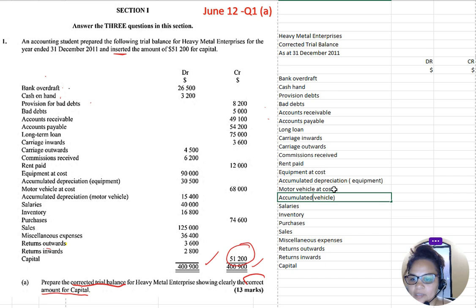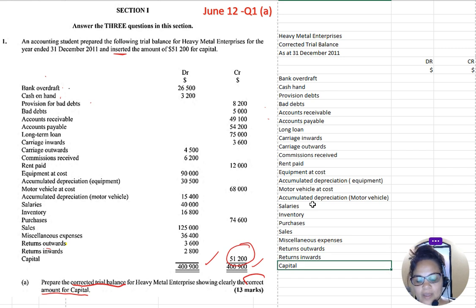And here is accumulated depreciation, in brackets, for motor vehicle. Then we have salaries, inventories, purchases, sales, miscellaneous expenses, return outwards, return inwards, and we have capital. So everything is listed there.